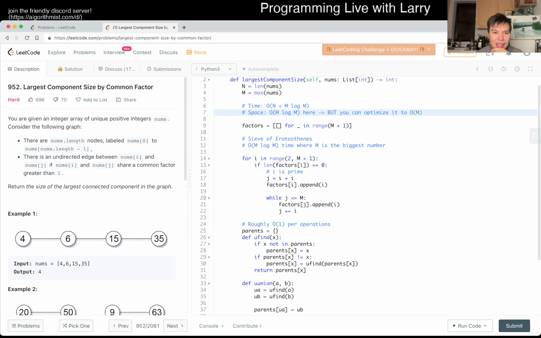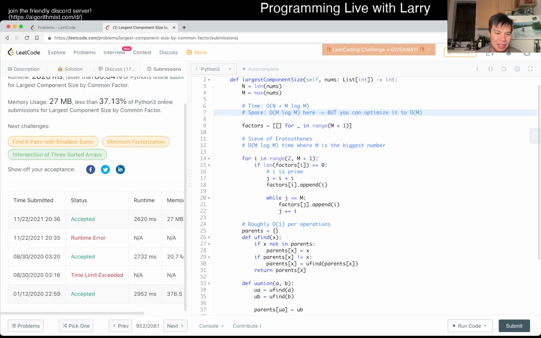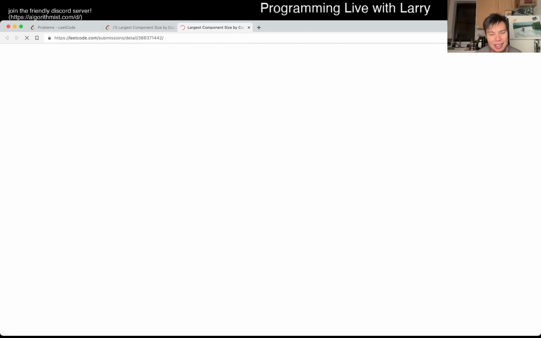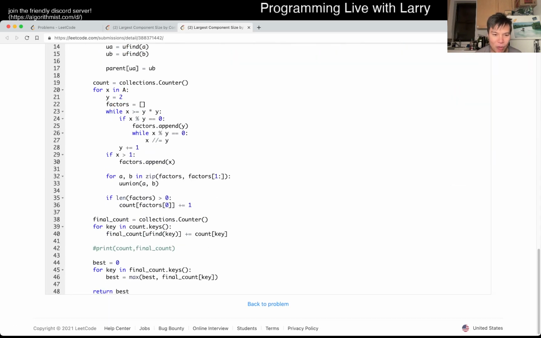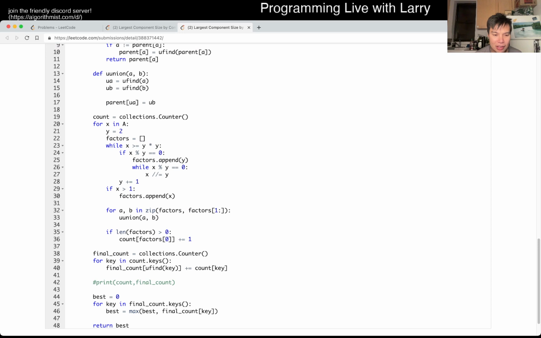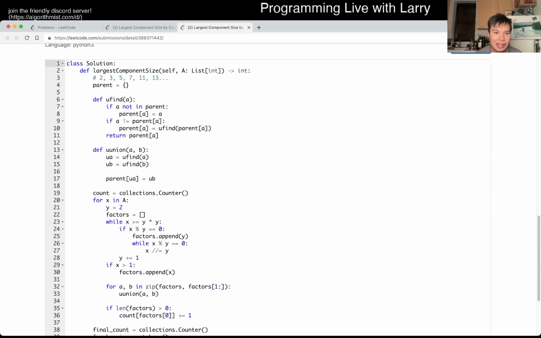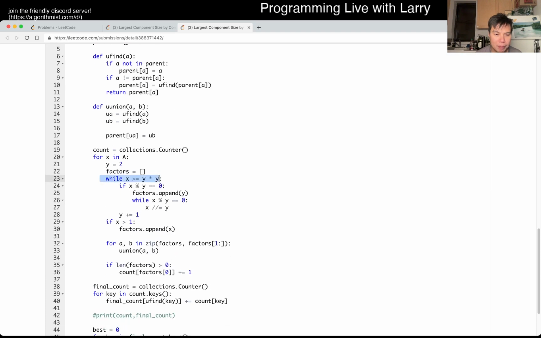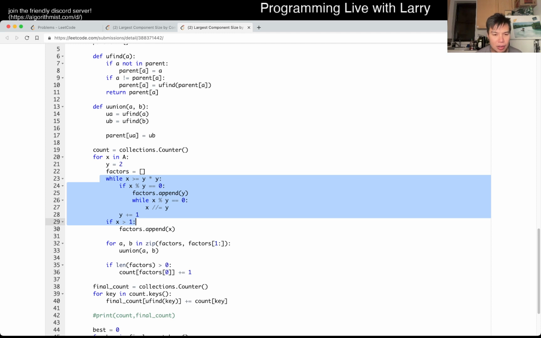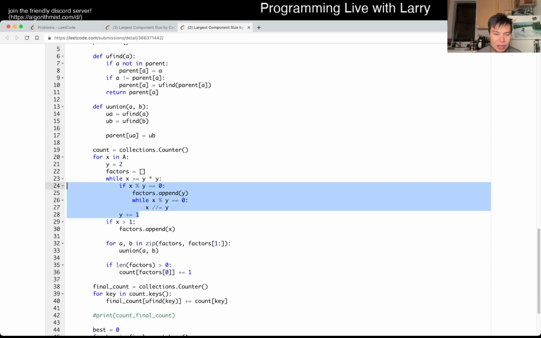Yeah, what did I do? I'm just curious how I did in the past. Okay, so I actually did it roughly the same way, except for actually here, I did it the way that I said. I thought this would be too slow, to be honest, but I didn't do it with the sieve.